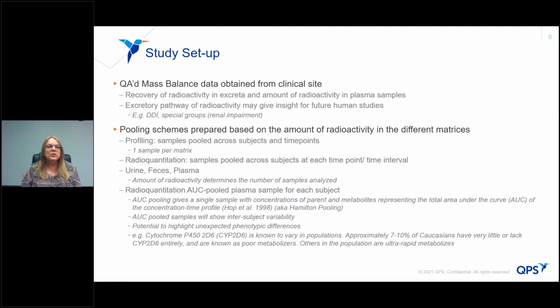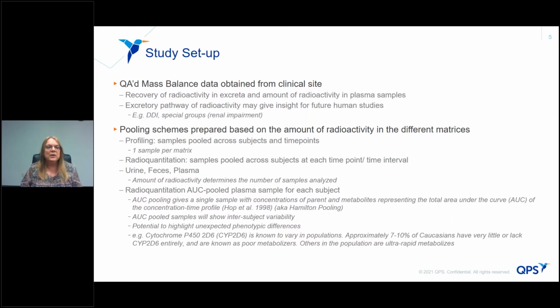The radio-quantitation that we also do for plasma is called an AUC pooled plasma sample. And AUC pooling, if you don't know about this, gives a single sample with concentrations of parent and metabolites that represent the total area under the curve of the concentration time profile. So basically what you get is an early read to see is there inter-subject variability. Now, this is a small study, so you may not see it, but you may.